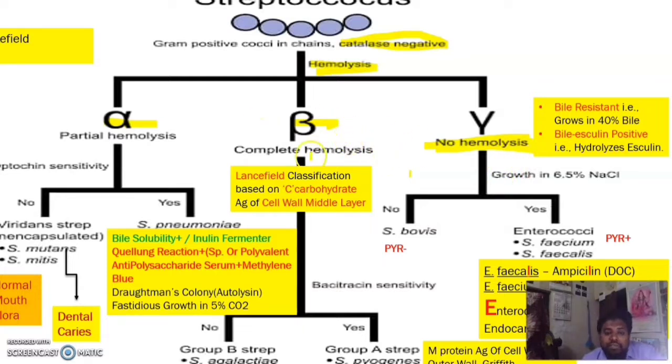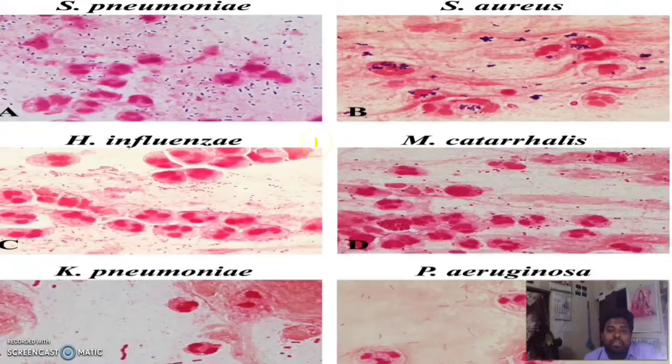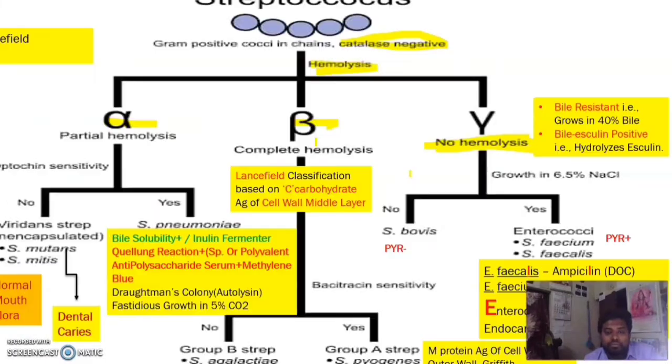Now we are interested in beta hemolysis first. Beta hemolysis is caused by beta hemolysin. Streptococci are classified by a mnemonic, Manic Griffith and Careless Lancefield. Careless Lancefield means C for L: the Lancefield classification is due to the C carbohydrate antigen of the cell wall middle layer.